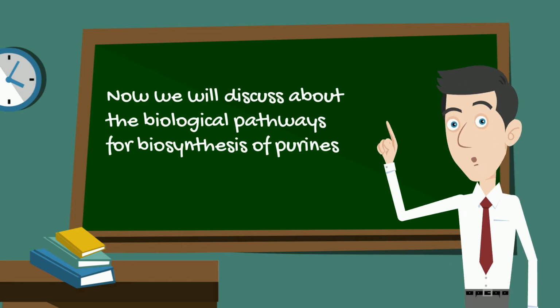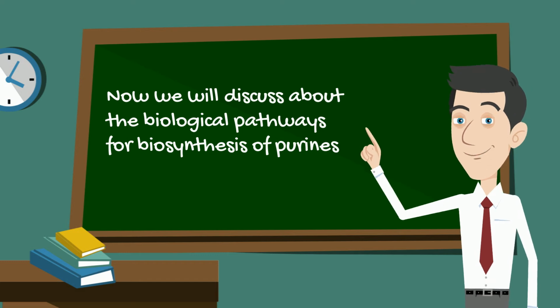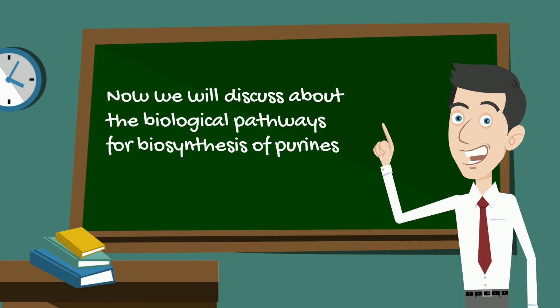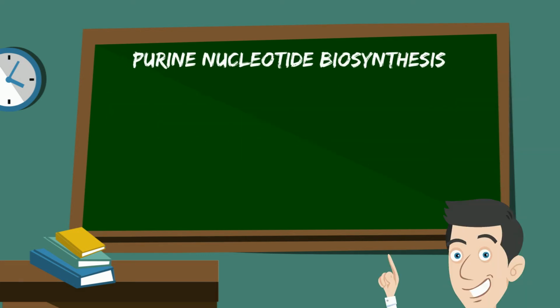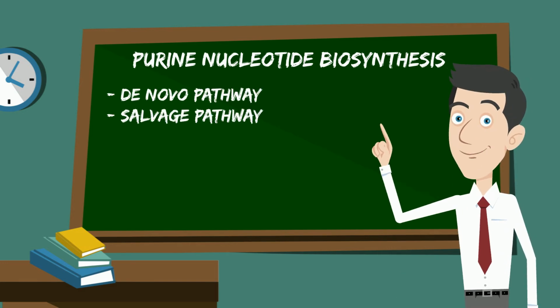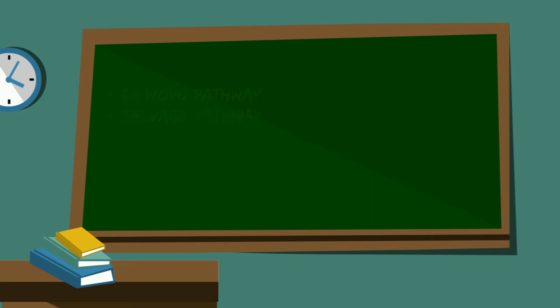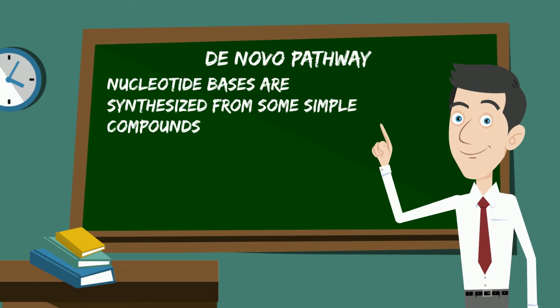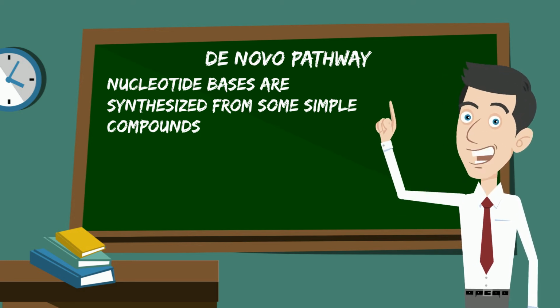Now we will discuss the biological pathways through which purines are synthesized in our body. The pathways for the biosynthesis are classified into 2 different types, de novo pathway and salvage pathway. In the de novo pathways, nucleotide bases are synthesized from some simple compounds.